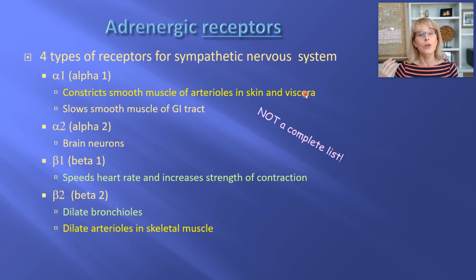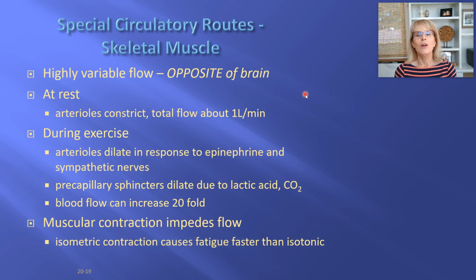And that's why if you get a sudden fright, you will look really pale or greenish because of that effect on capillary beds. Now, let's talk about specific circulatory routes. There are 3 circulatory routes I want to mention specifically, and one of them is entirely relevant to this COVID-19 crisis that we're in the middle of when I'm making this video.